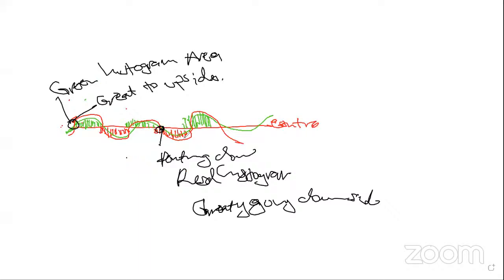But the same stuff, if a crossover like this that is pointing down happens in the green histogram area, the market will go down, but not too much.